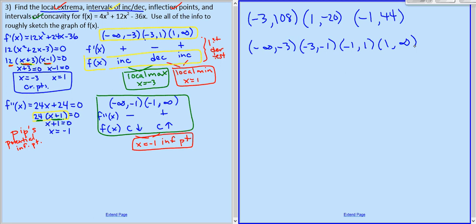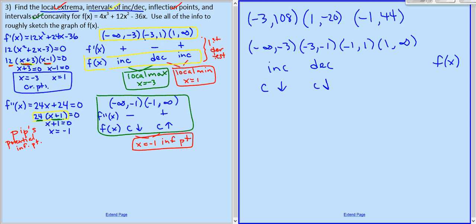What is f doing from -infinity to -3? It is increasing and it is concave down. What is f doing from -3 to -1? It is decreasing and it is concave down.